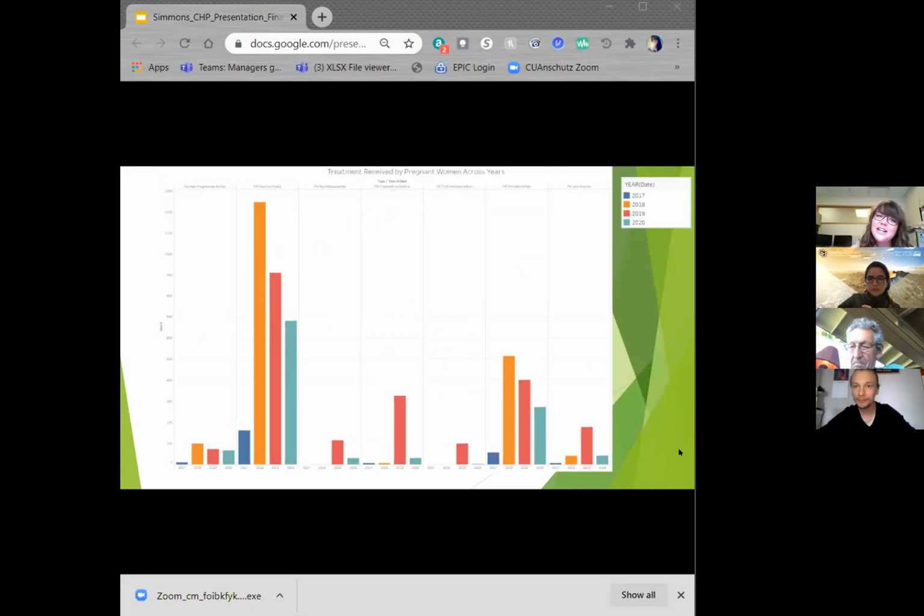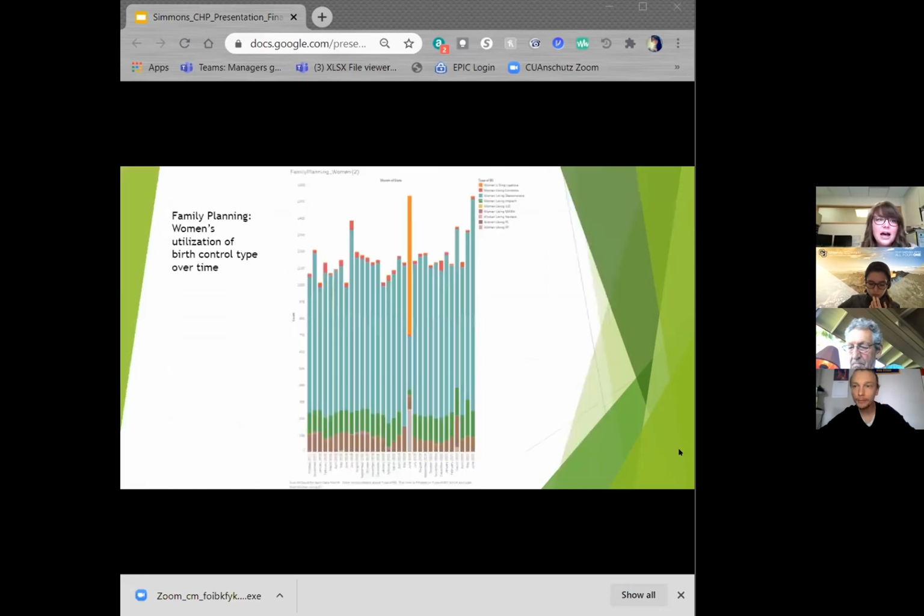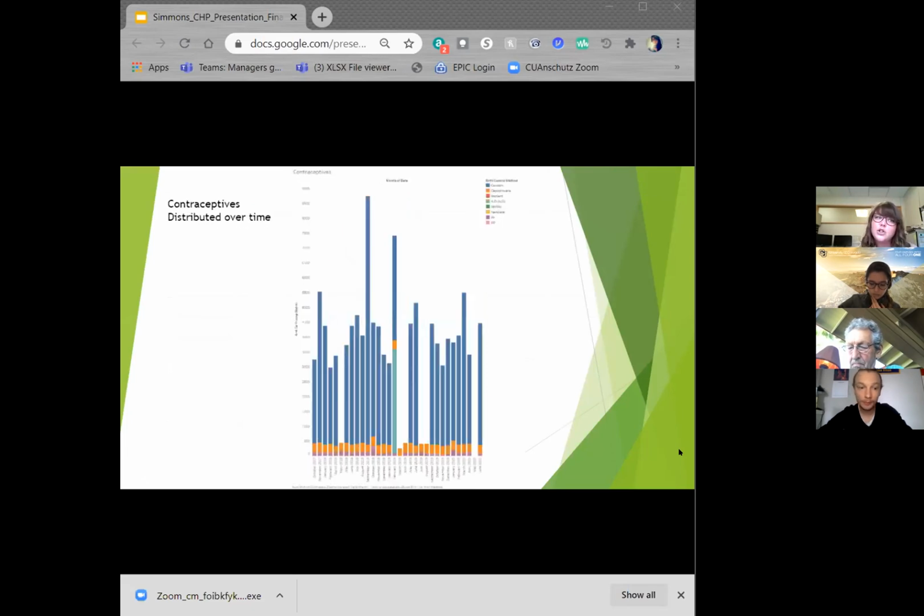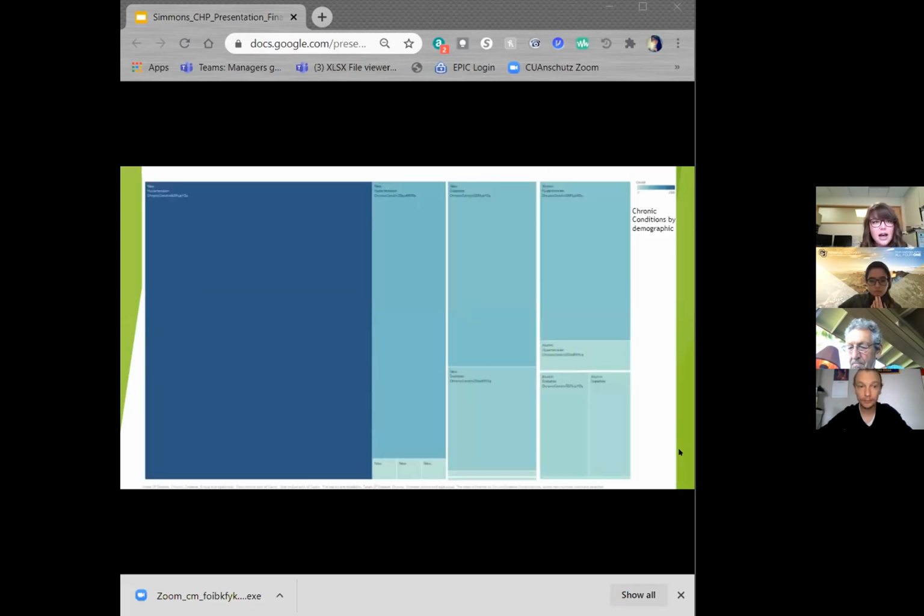I know we're coming short on time, so I'll go a little bit quicker on these. We were able to see what treatments were given for pregnant women across years and when they were focusing on certain types of treatment, as well as family planning utilization services for women and contraceptives that were distributed across years and months. We also were able to look at the burden of chronic disease.